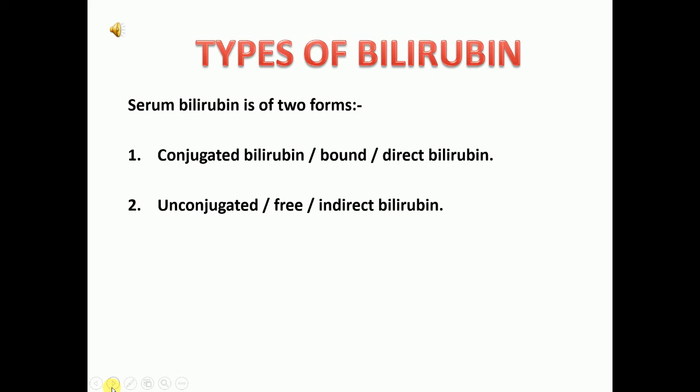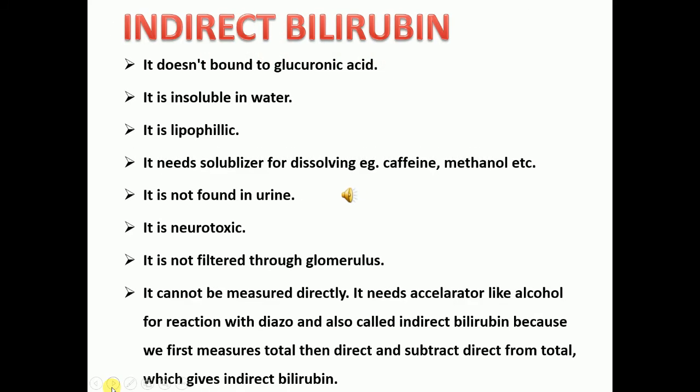I have told you already that there are two types of bilirubin. One is the conjugated bilirubin, which is also called as bound or direct bilirubin, and the other is the unconjugated bilirubin, which is also called as free or indirect bilirubin. Coming to the indirect bilirubin, the following are the properties. Firstly, it is not bound to glucuronic acid. It is insoluble in water. It is lipophilic.